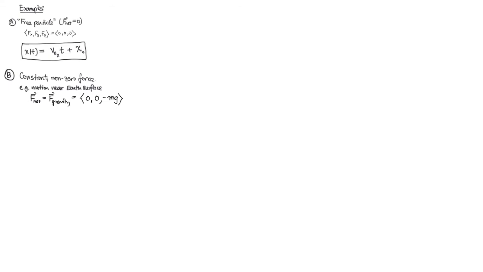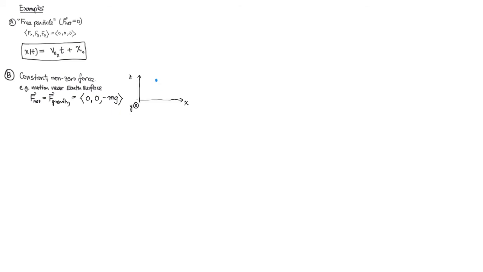So specifically, let me draw a little diagram here to show the situation. We might have a ball. And in this coordinate system, we'll have y going into the page.